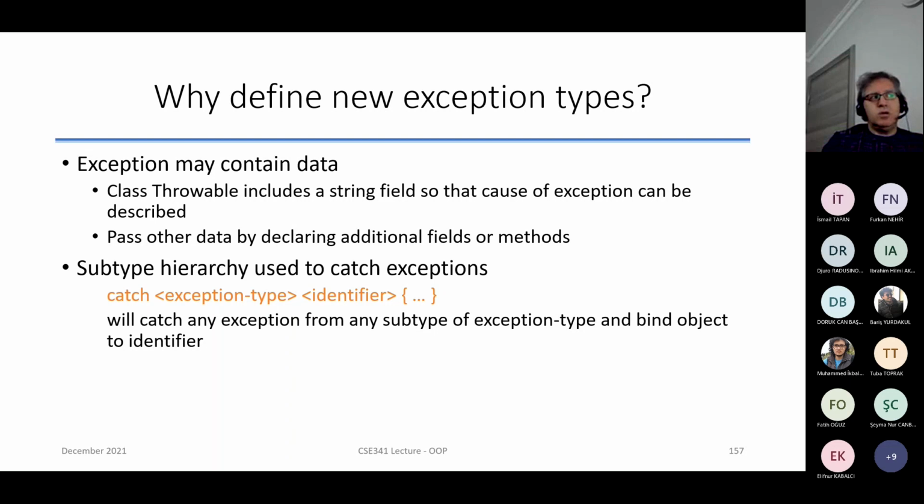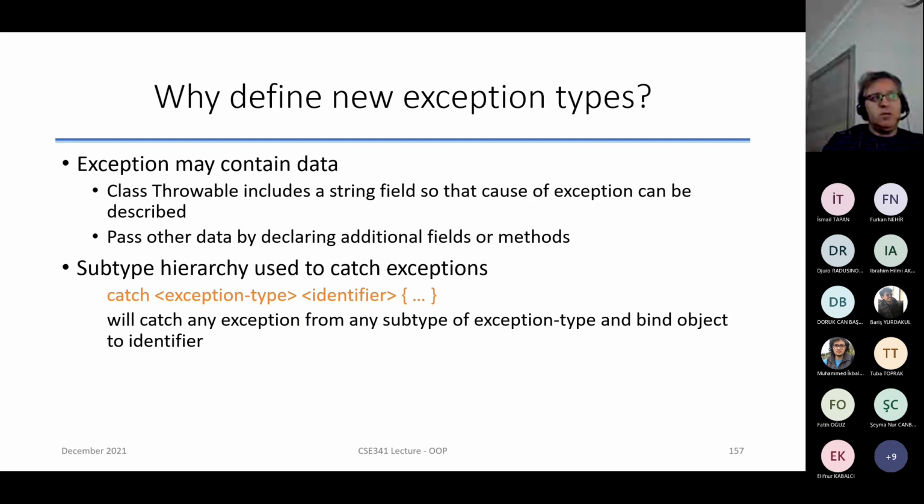So class Throwable includes a string field so that the cause of an exception can be described, and you can pass other data by declaring additional fields or methods in your derived class. And you can use the subtyping relationship to catch exceptions.